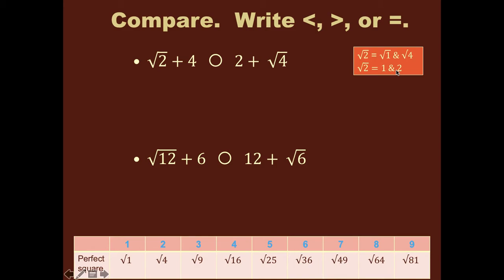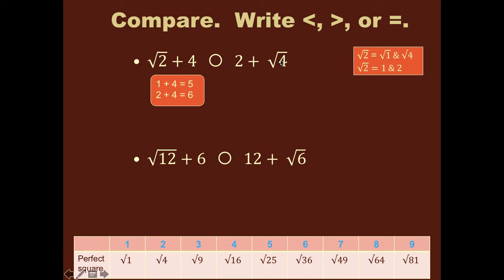So let us take square root of 2 as 1 and find the answer. 1 plus 4 is 5. Why are we putting 1 here? Because we are just taking the approximate value of square root of 2. So 1 plus 4 will give you 5. Now let us take the value of square root of 2 as 2. 2 plus 4 is 6.